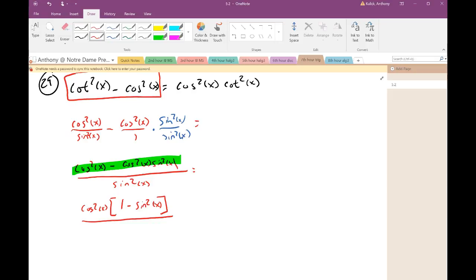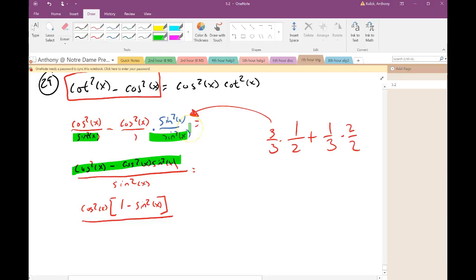If you do it to the top and the bottom of a fraction, yes. Just remember when we added 1/2 plus 1/3, we did the same kind of thing, where we'd multiply the top and bottom by the same thing, and you can do that to add fractions. So that's the idea of what I'm doing here with the sine squared, so that I'd have a common denominator for these two things.